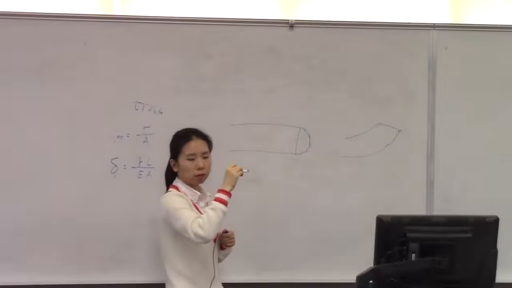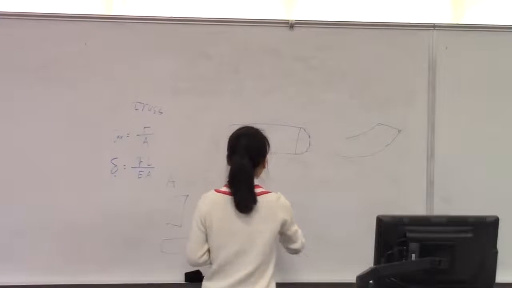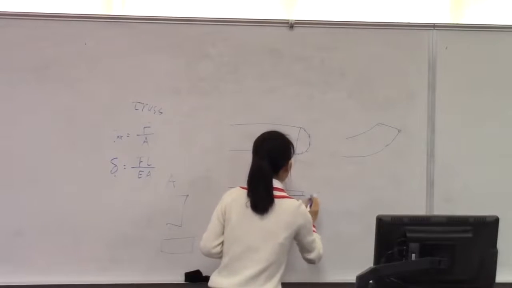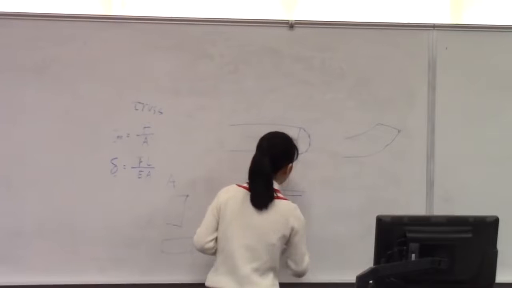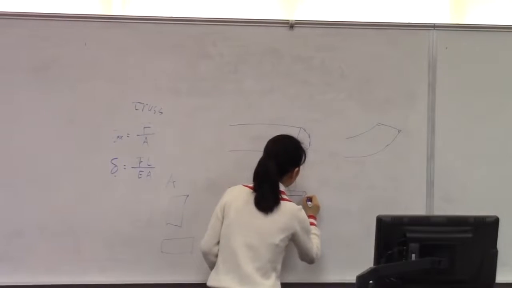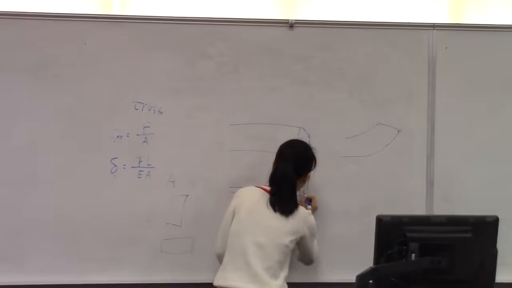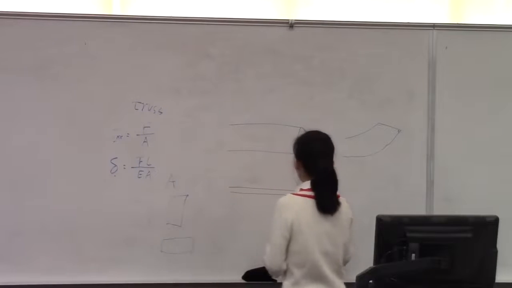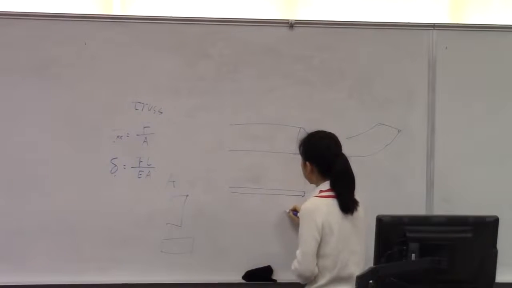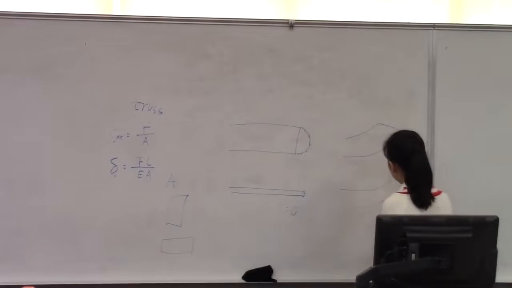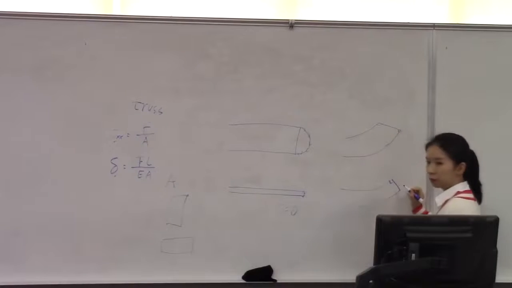The change of angle, right? So this has shear deformation here. But if you have a very thin beam, this shear stress is very small and it can be ignored. Same here. We can assume that shear stress is 0. And so when it bends, this angle doesn't change.